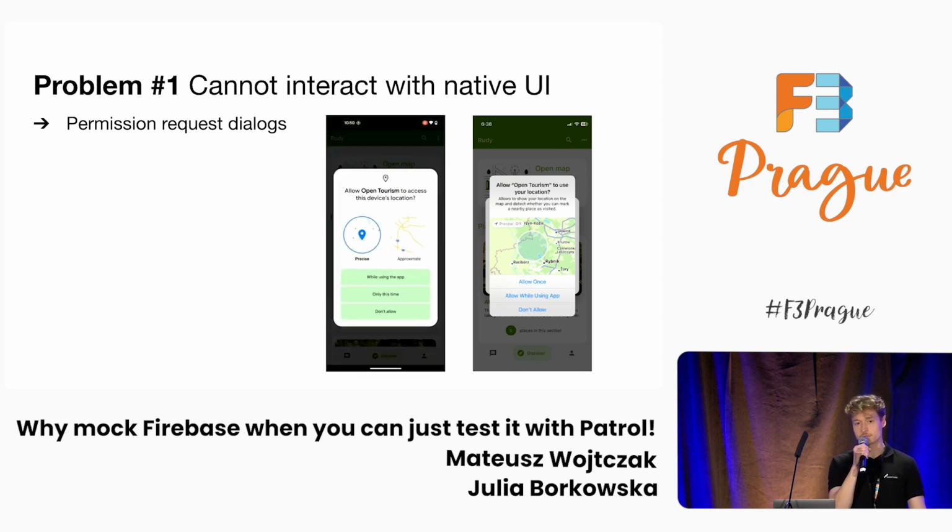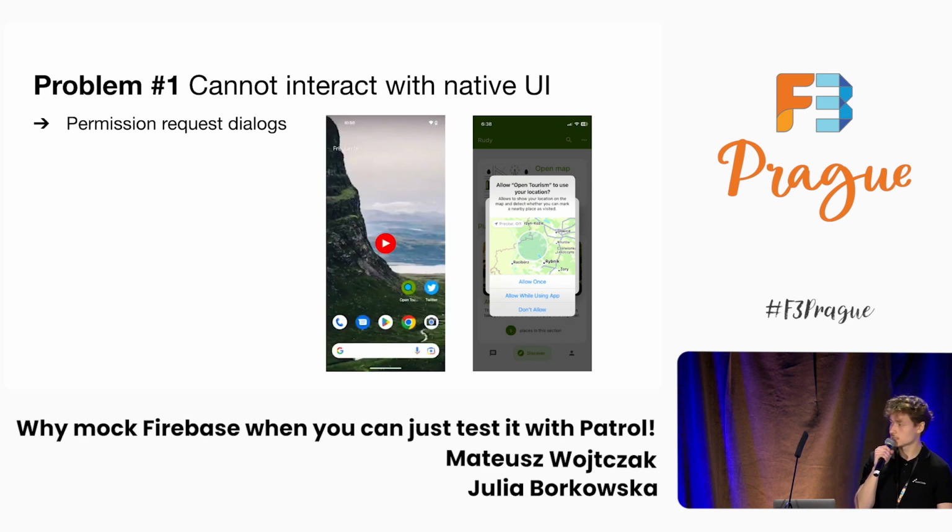You cannot interact with native UI, and the simplest form of showing you what it means is this screen. You probably all approached it in your app. When you have a permission request dialog, your test will simply time out. You cannot pass through it, you can neither allow it nor deny it.